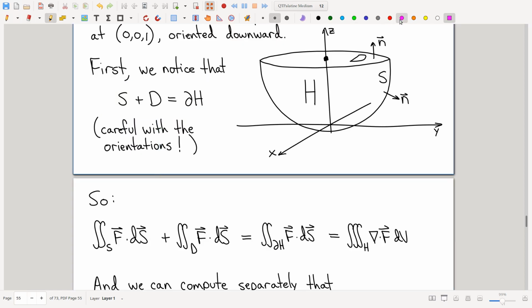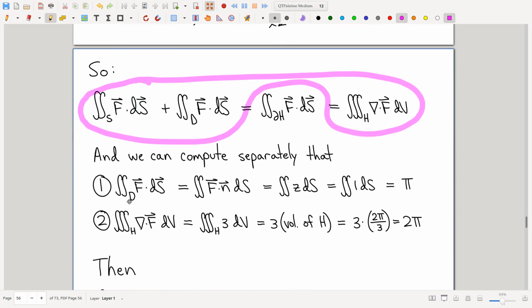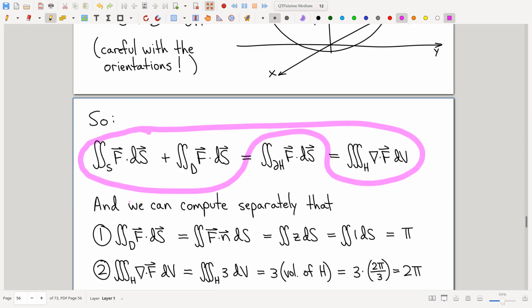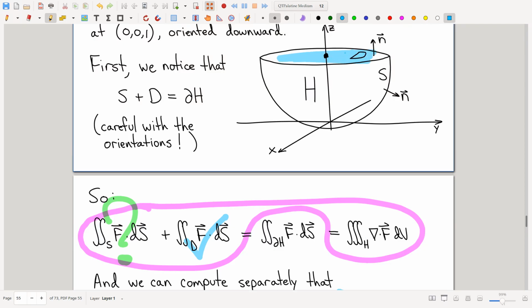I look at that equation, and we compute, keeping in mind that that's what I want. I can compute the flux through D easily because D is flat.